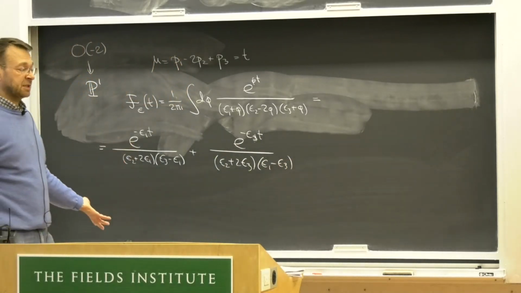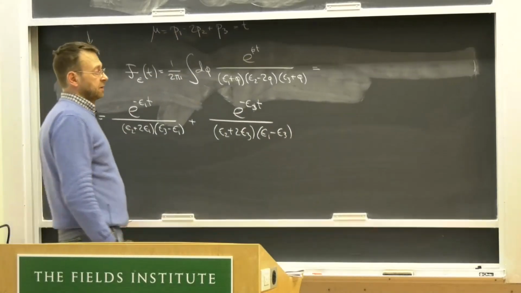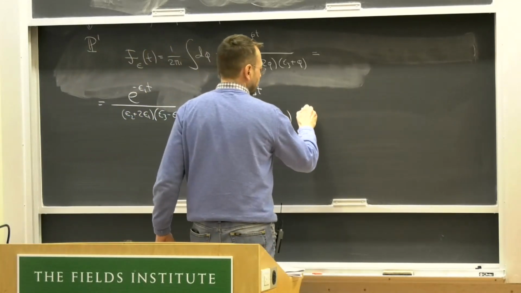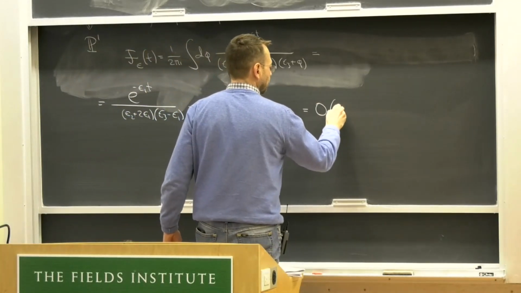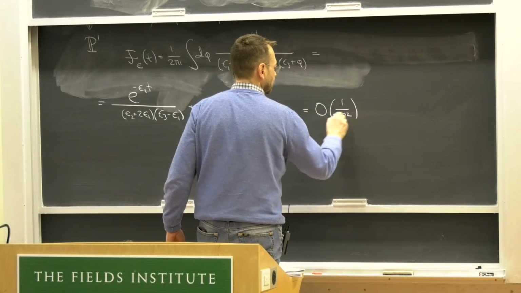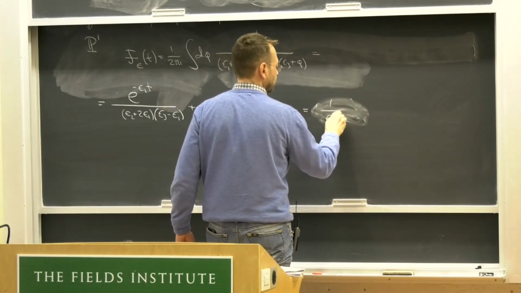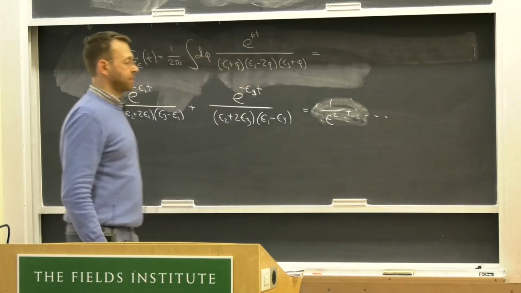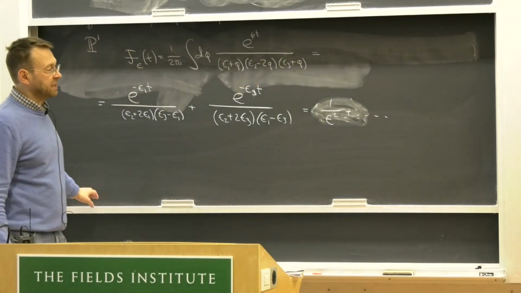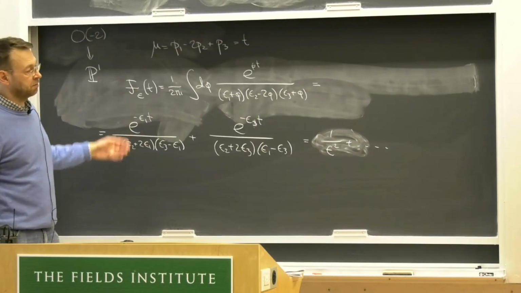So now you can expand it. You can see that it has singular terms. They will be terms of order 1 over epsilon squared. It will start basically from this term, etc. So this is basically an indication that the space is non-compact.